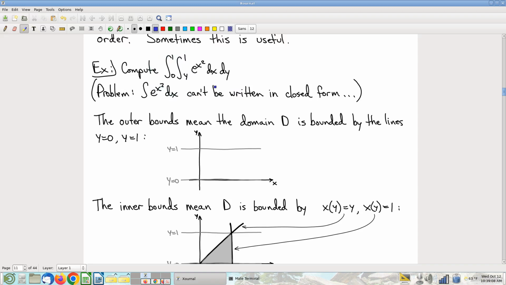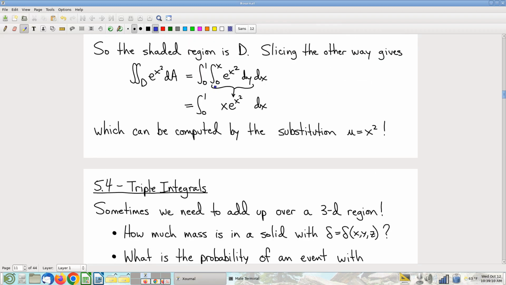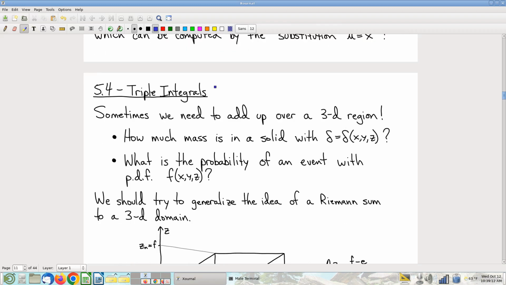Okay, that was section 5.3. Okay, moving on then to 5.4, triple integrals. A lot about triple integrals is really kind of the same stuff that we've already done. It's like double integrals, just a little bit more so.